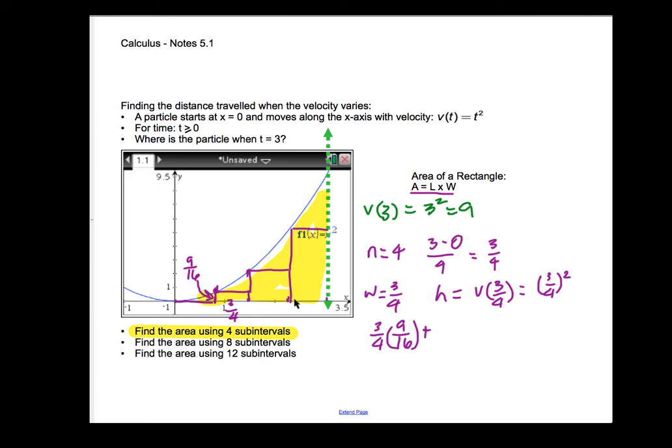Well, that occurs at 1.5, or 3/2, we could say. So I've got my width, which again, this width is 3/4, and the function evaluated at that point there. So we would have 3/4 times the function v at 3/2, which is the same thing as 1.5, and so that would be 3/2 squared, which is 9/4.